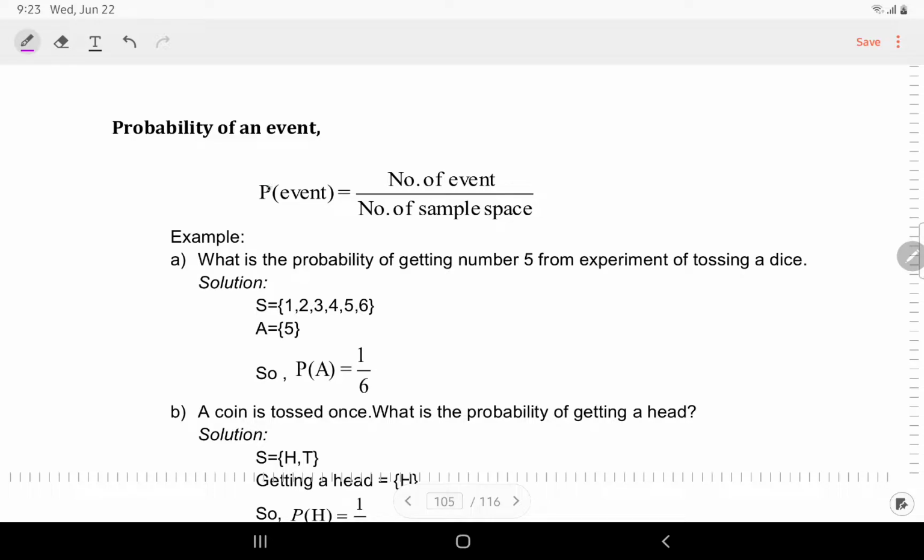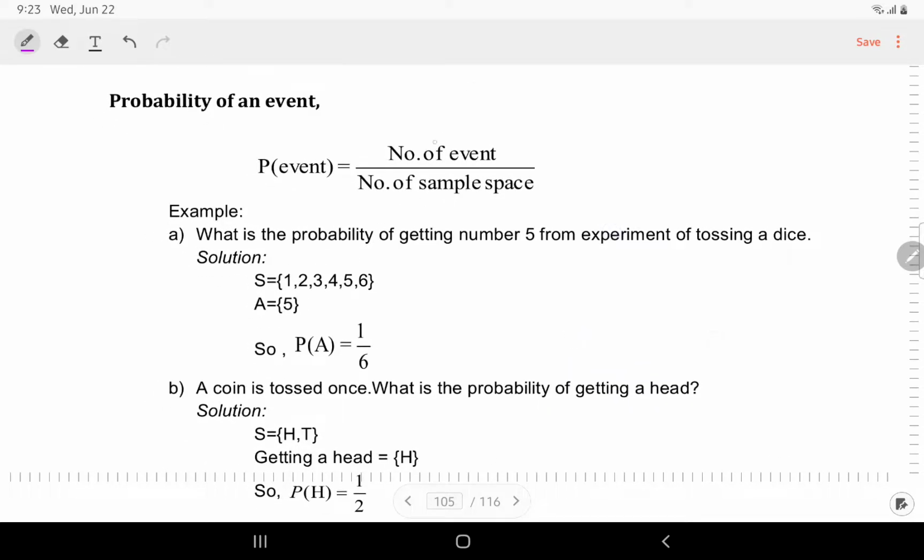The symbol is P, P in a bracket the name of the event. Kalau event tu nama dia A, so P(A). The formula is P(event) equals number of event divided by number of sample space. Eventnya ada berapa bahagi dengan sample space dia ada berapa.